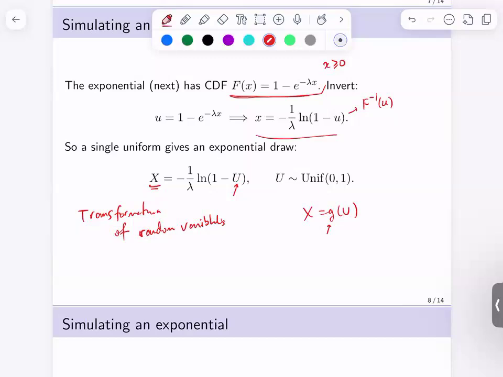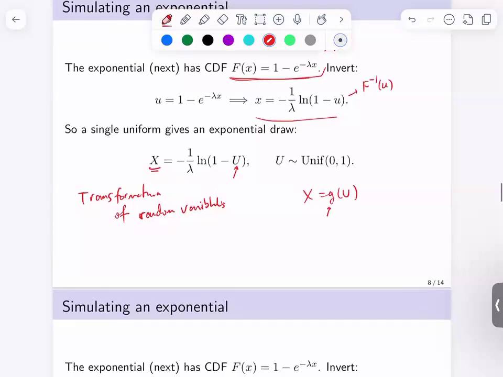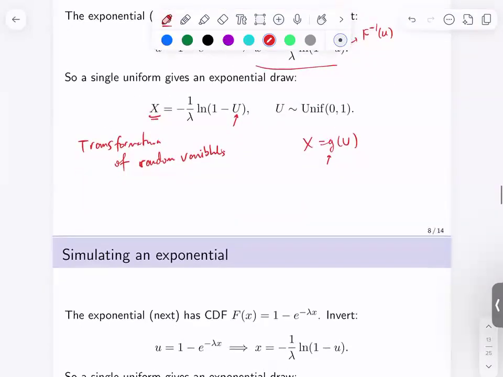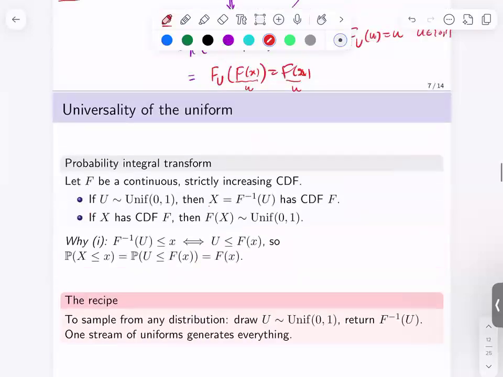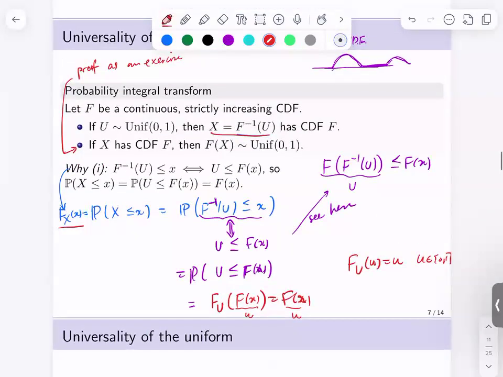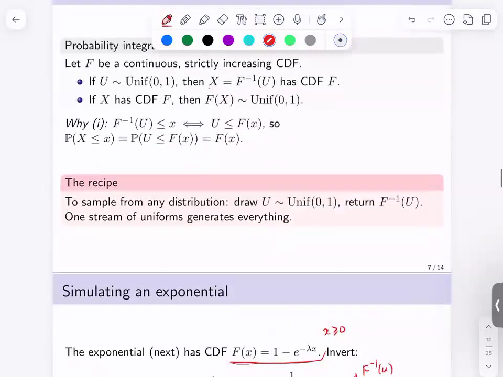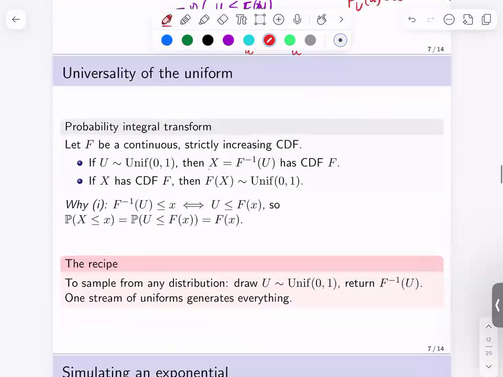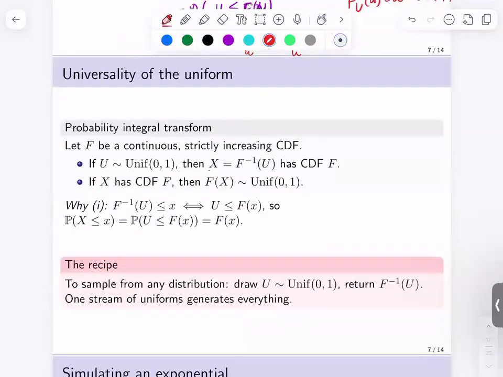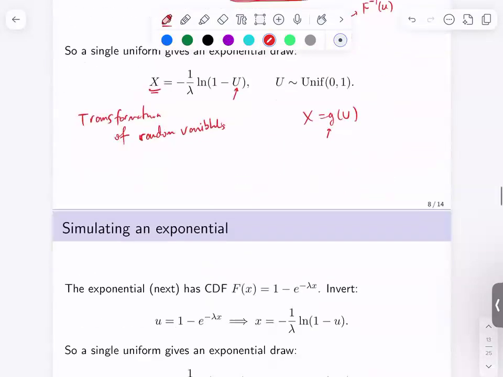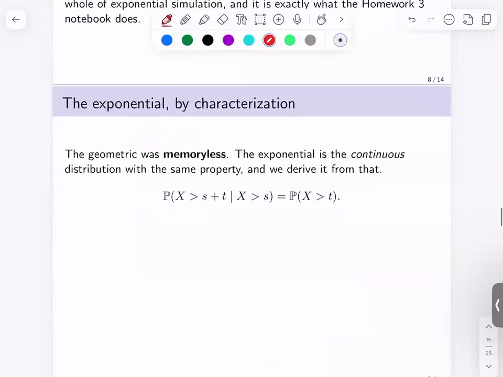We may see later how to do it in general. But this is one example. Any questions about this? This is kind of important. Okay, let me move on.